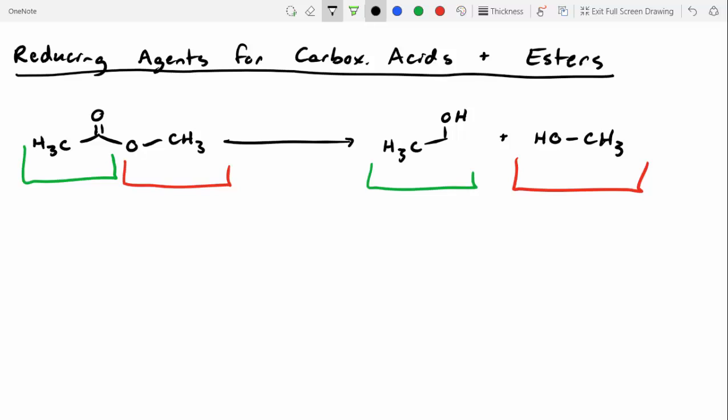The reagents required for this are lithium aluminum hydride. So Li, that's for lithium, Al for aluminum, and then H4. And then in step 2, we have to add in water. Oftentimes, you'll see people abbreviate lithium aluminum hydride as LAH.